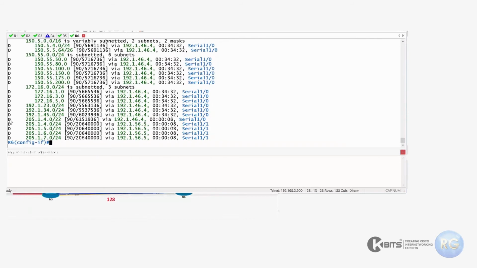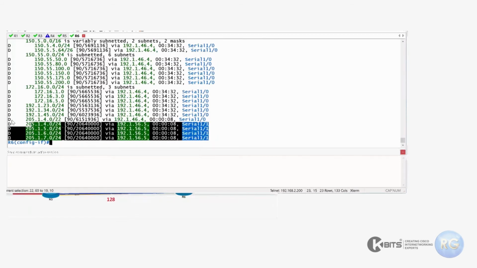I have 5 of them. The 4.0/22 is 6 million, but 205.1.4.0/24, 5.0/24, 6.0/24, 7.0/24 are all 20 million paths direct.